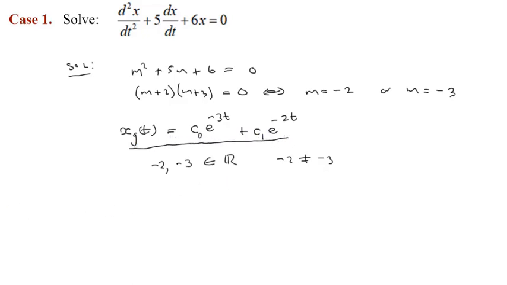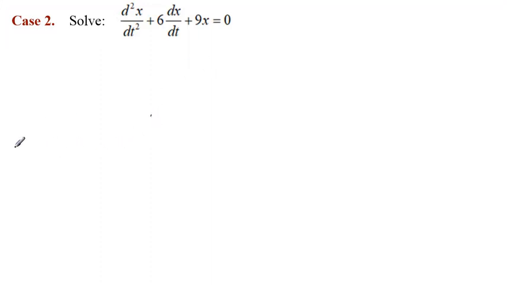Then the second case was the following, whereby we've got a differential equation of this nature, and to get the solution we again started by setting up the characteristic equation, which is m squared minus 6m plus 9 equal to 0.